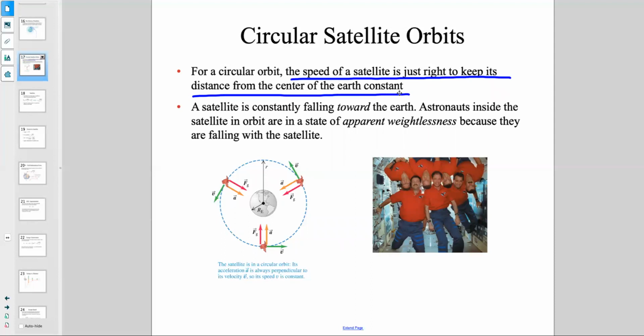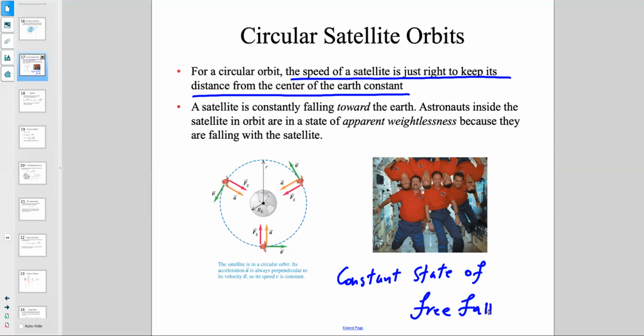A satellite is constantly in a state of free fall towards the Earth. So astronauts inside satellites in orbit are in a state of apparent weightlessness because they are falling with the satellite.